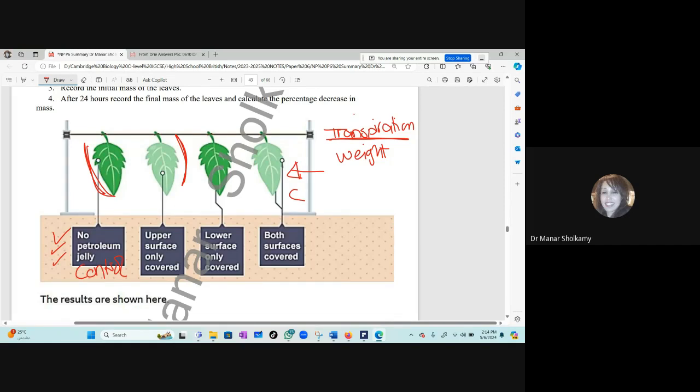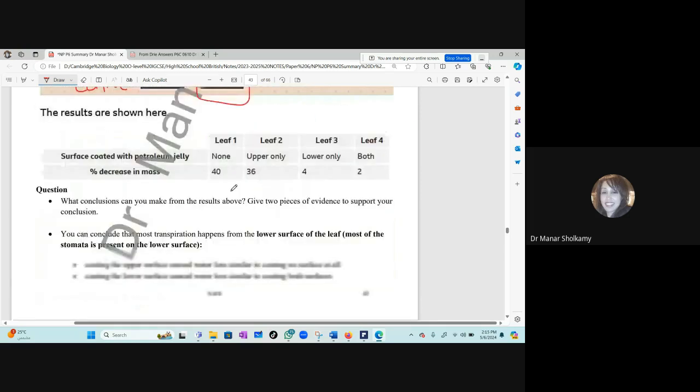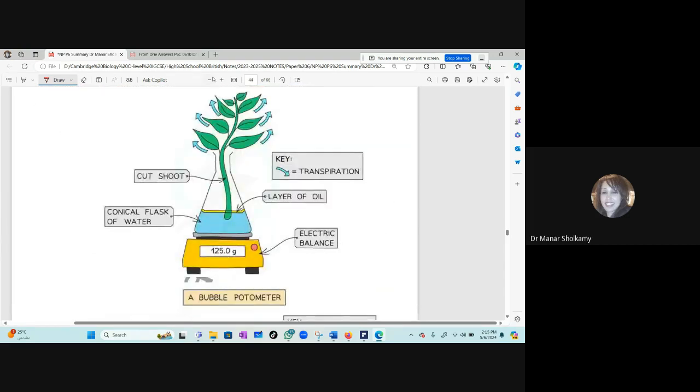And which one will have the least percentage decrease in mass? Lower surface area cover. Yes. Okay. Now this shows me that you understand the experiment because most of the stomata in most plants is at the bottom. So when I cover the bottom of the leaf with Vaseline, least transpiration will happen and least decrease in mass. Okay. The potometer.